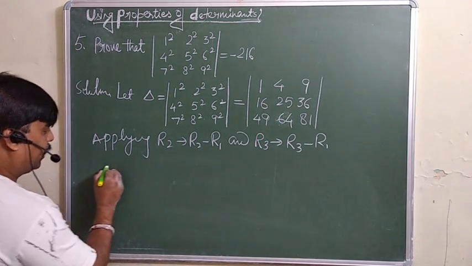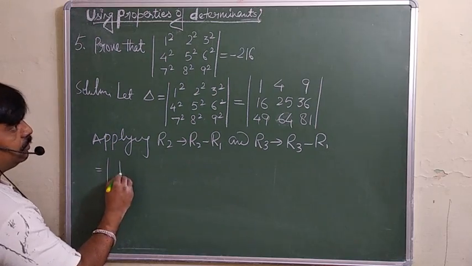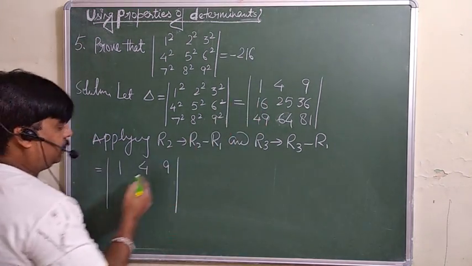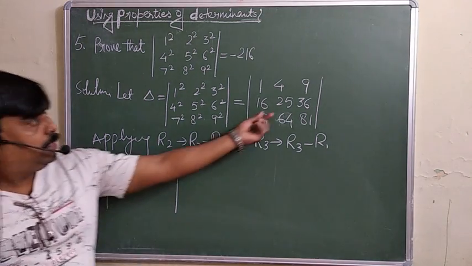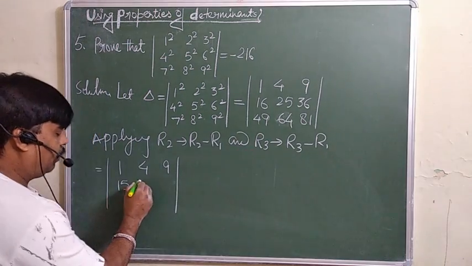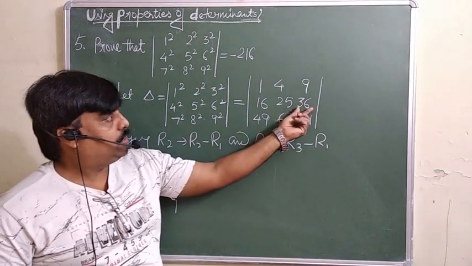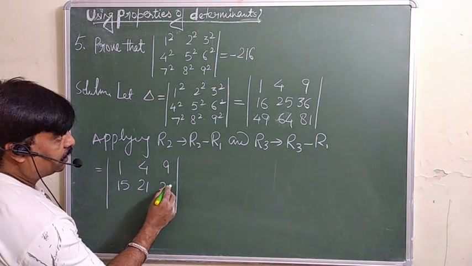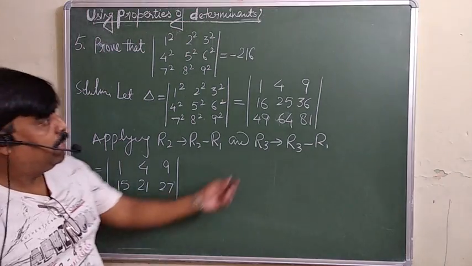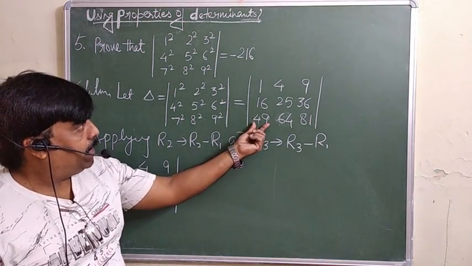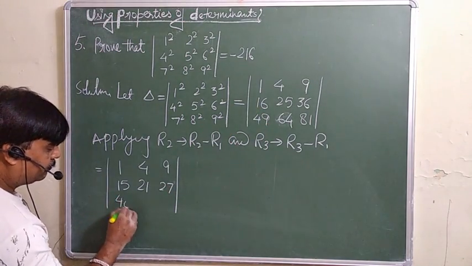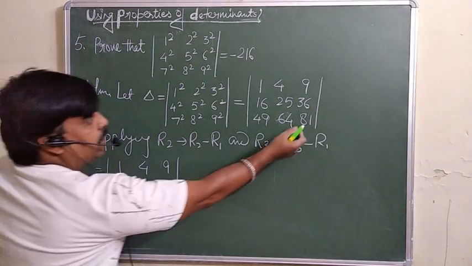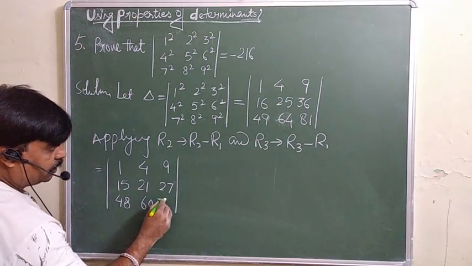So here you will get 1, 4, 9, the first row remaining as it is. Then 16 minus 1 is 15, 25 minus 4 is 21, 36 minus 9 is 27. Then 49 minus 1 is 48, 64 minus 4 is 60, 81 minus 9 is 72.